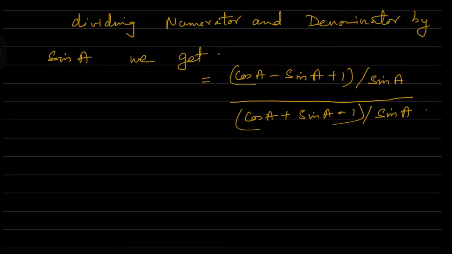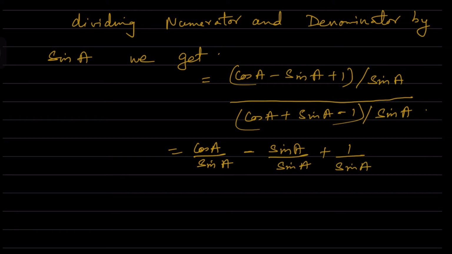So here we are getting it as equal to cos A by sin A minus sin A by sin A plus 1 by sin A divided by all whatever transformations or substitutions we are doing to get the answer, that is to make the left hand side equal to the right hand side. So what are all the possible ways?